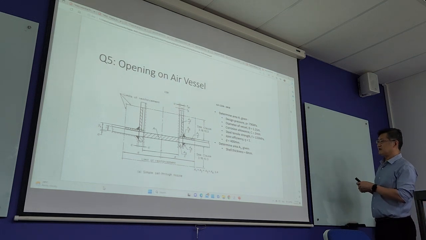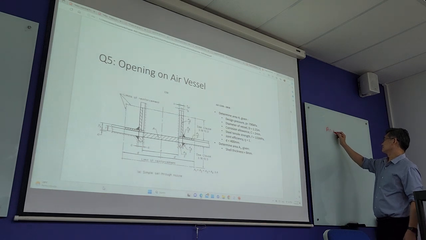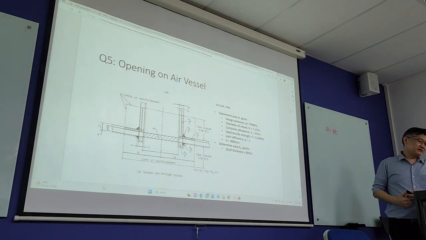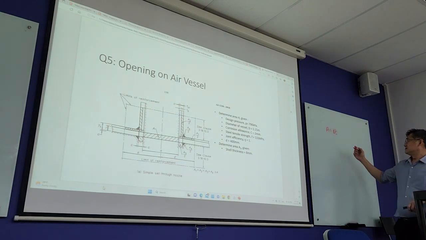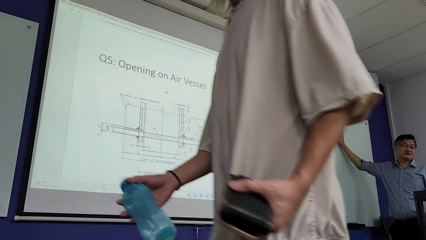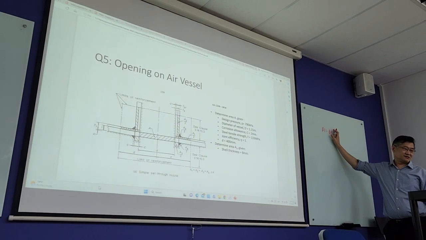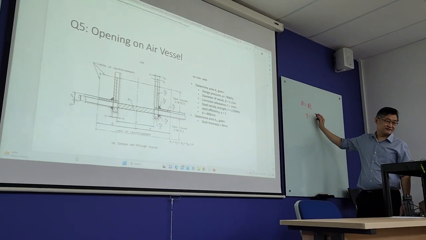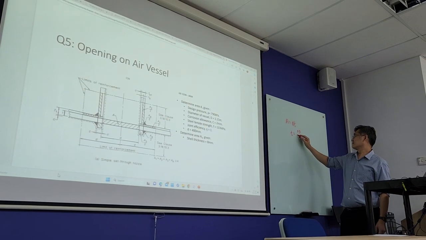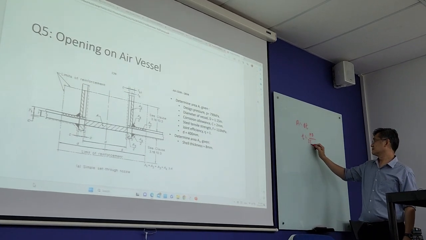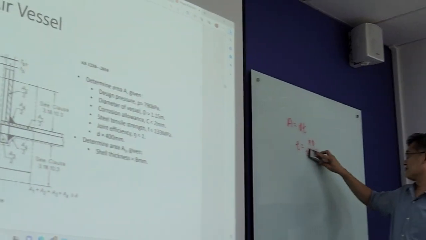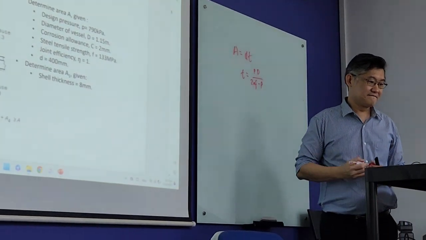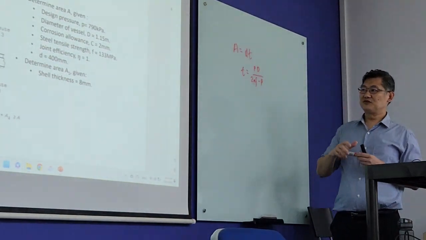A equals d times t. The trick is you need to find the t that can withstand the design pressure. So what is the formula for this t? Please spend some time to familiarize yourselves with the approach.